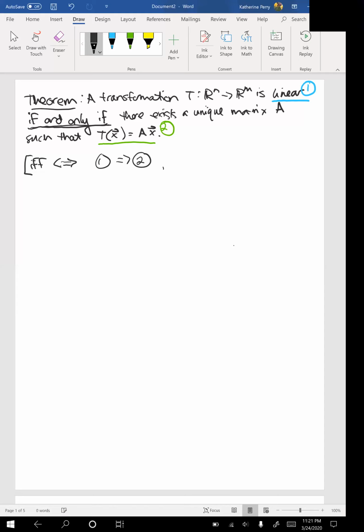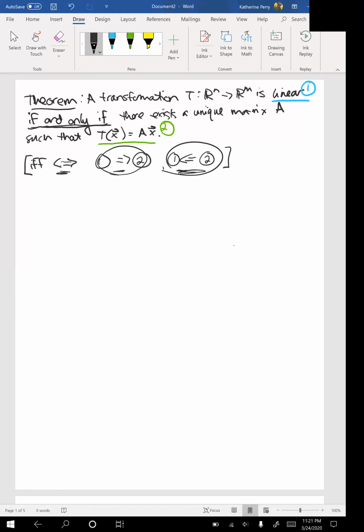But also, I can say 2 implies 1. And hence this double arrow here. So here's one half of the arrow and here's the other half. And if I want to prove that this is true, then I need to show that both this and this are always true.